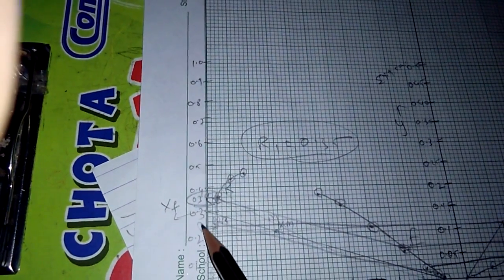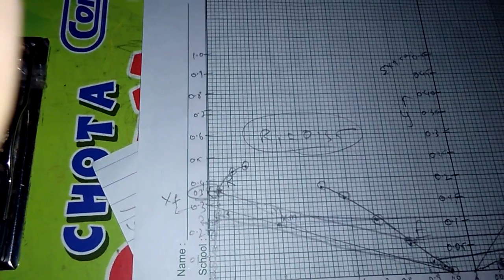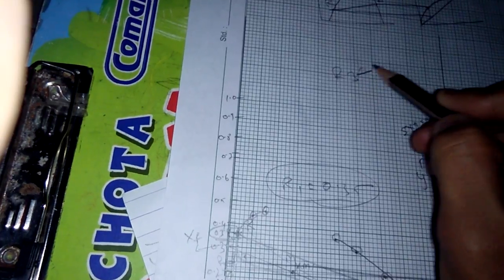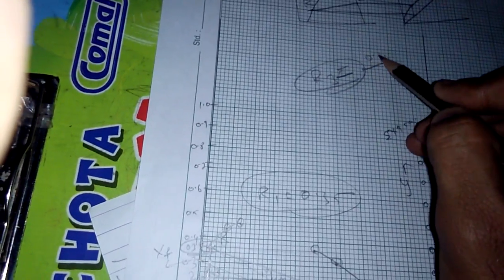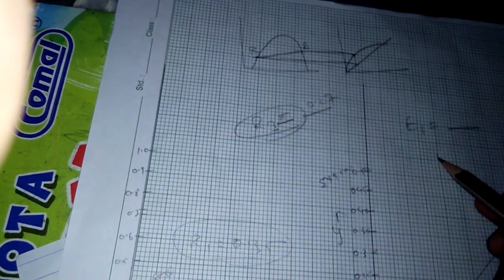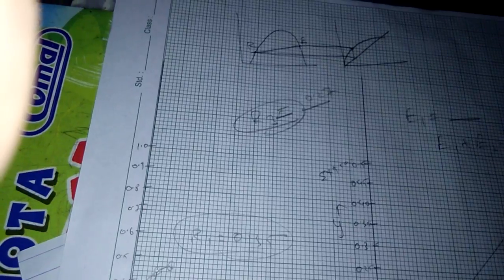Suppose I get R2 here, then again I will intersect this. In this way I will do the three stages, and whatever R3 I get, suppose 0.27, will be my final answer. And whatever E1 I get, that will be E1 plus E2 plus E3, which will be my desired answer.